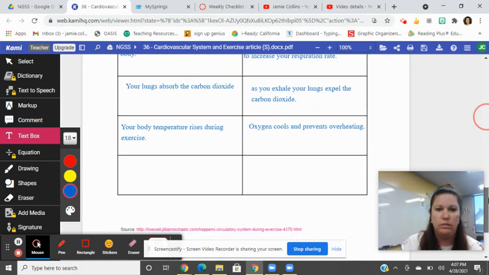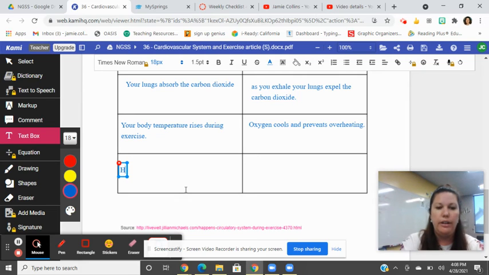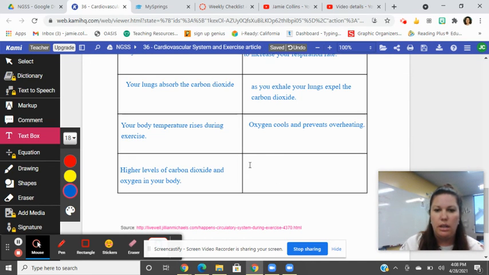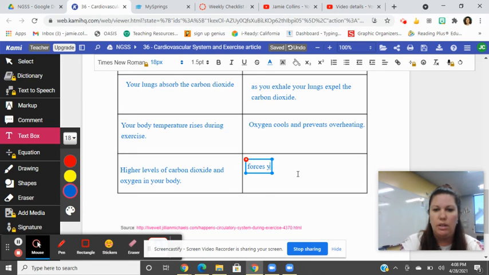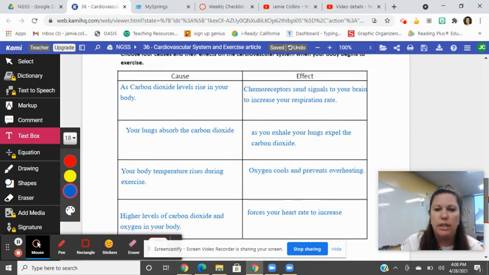Okay, so higher levels of carbon dioxide and oxygen in your body. When you have higher levels of carbon dioxide and oxygen in your body, it forces your heart rate to increase.